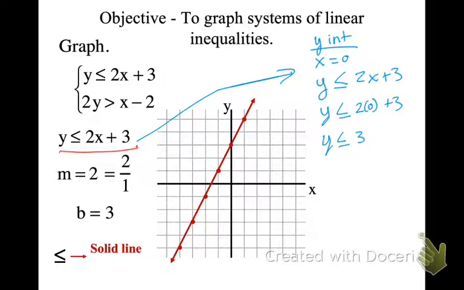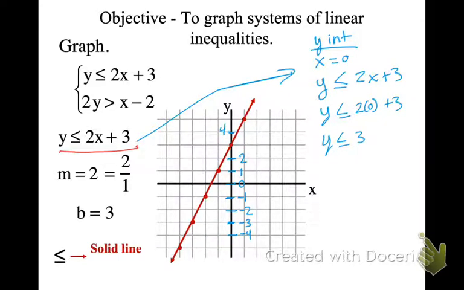So I look over here. Where are the numbers less than or equal to 3? Here's 2, here's 1, here's 0, here's -1, here's -2, here's -3, here's -4, and here is +4.